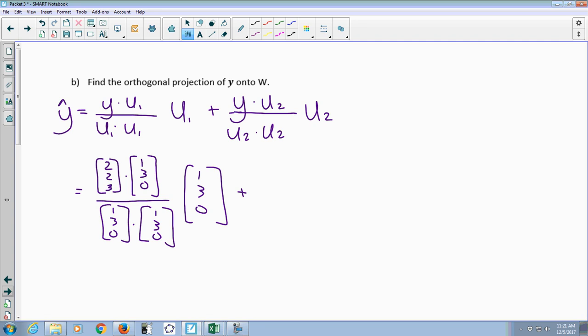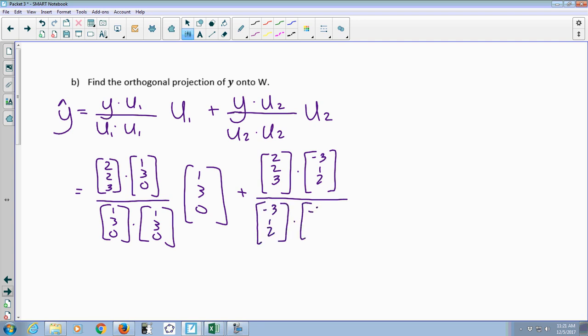Oh, that's just the fraction bar, I didn't finish. Okay, and then y, (2, 2, 3), dotted with u2, which is (-3, 1, 2), over u2 dot u2, times u2.